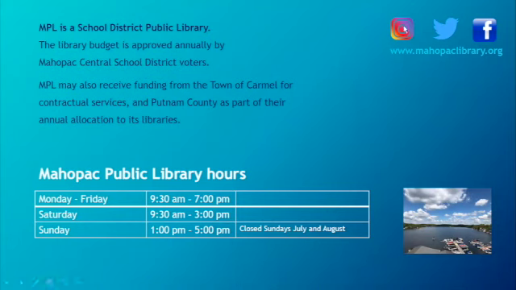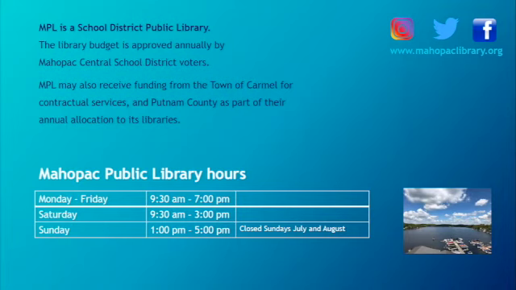The library budget is approved annually by Mahopac Central School District voters. The vote normally takes place in the library on the first Tuesday in June. In 2020, because of the pandemic, the library vote and trustee election took place with the Mahopac Central School District budget vote. The vote is for the budget as well as the library trustees.